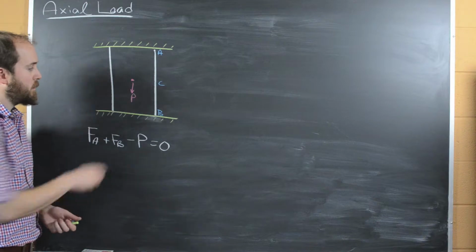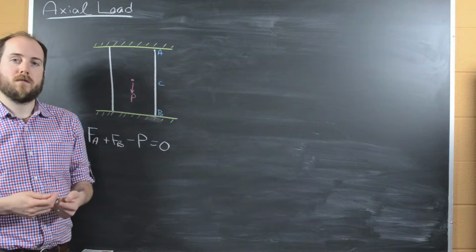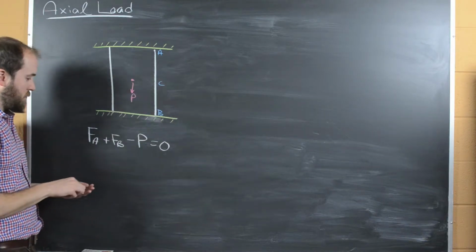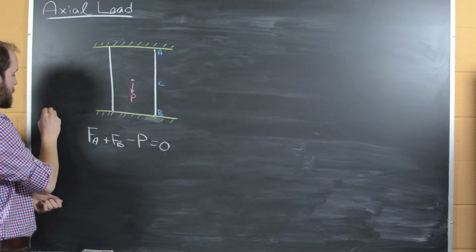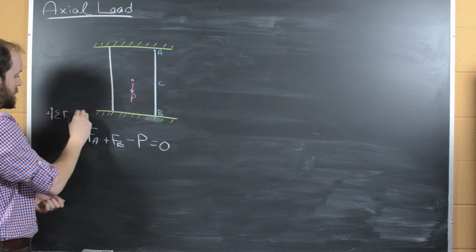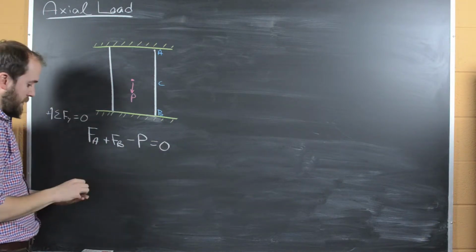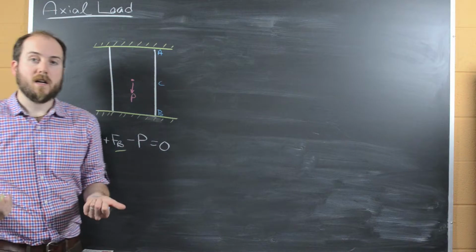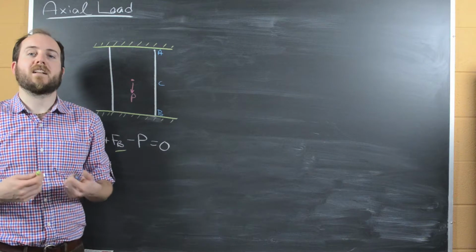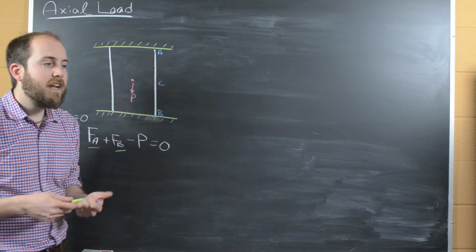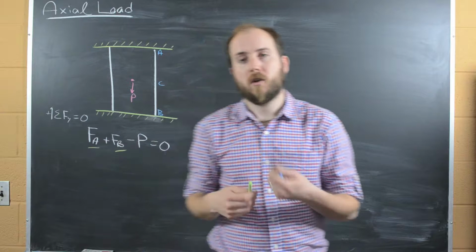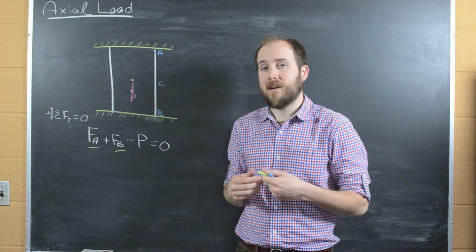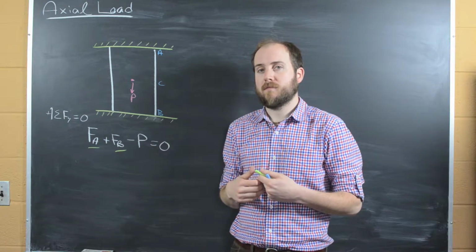And so if we're given a value for the load P that's applied at point C, then what we have is one equation with two unknowns. And we're stuck. And so this is what's known as a statically indeterminate problem. A statically indeterminate problem will occur whenever you have more supports than are necessary to maintain static equilibrium.